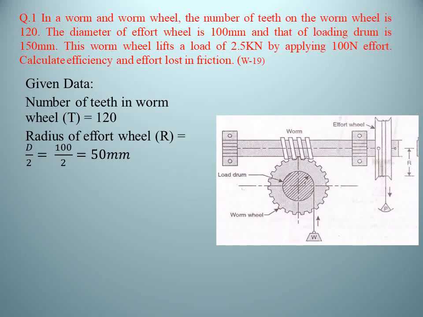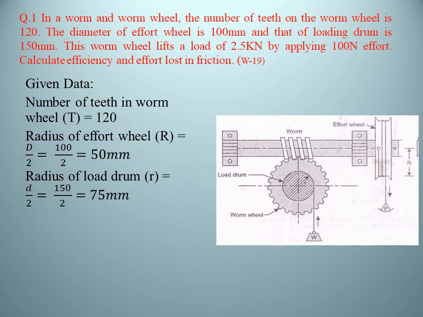Then they give the radius of the effort wheel, capital R. Here in this question they give the diameter of the effort wheel as 100 mm, but we want to calculate the radius. The radius R is equal to D by 2, that is diameter divided by 2, and it is equal to 50 mm.